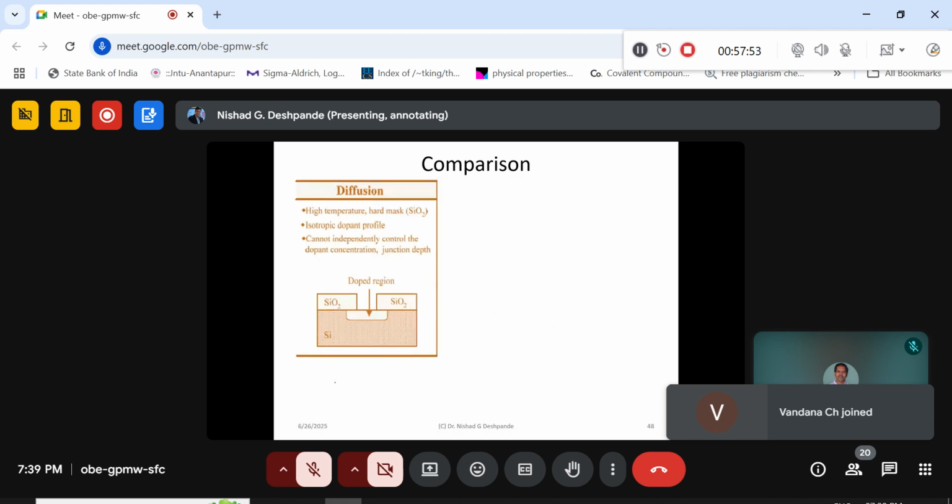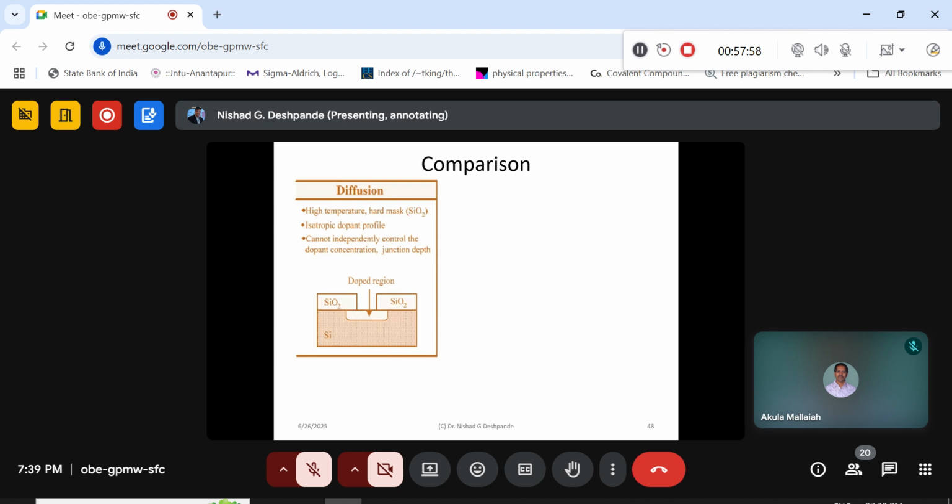If I discuss diffusion doping processes, naturally you need these diffusion processes at high temperature. At low temperatures, diffusion cannot take place because you have to break the matrix, and that matrix can be broken only at high temperatures.